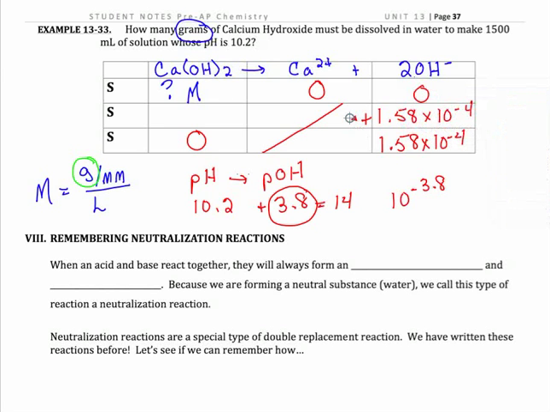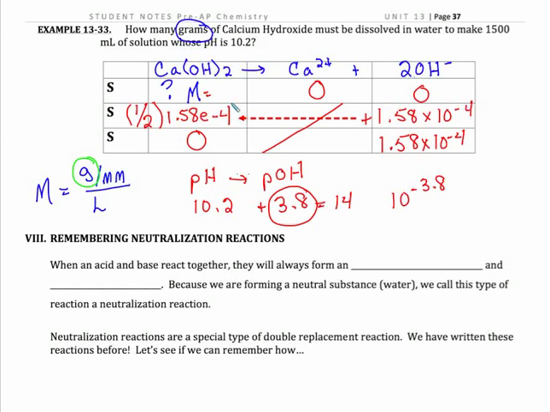Now I want to get to my calcium hydroxide, and so I'm going to multiply by my mole ratio. 1 calcium hydroxide for every 2 moles of hydroxide. 1.58 times 10 to the minus 4th.